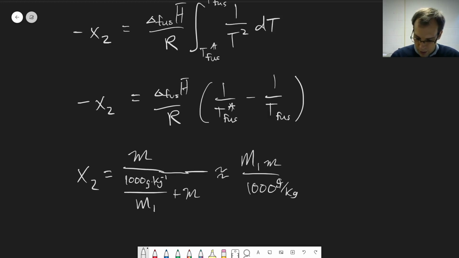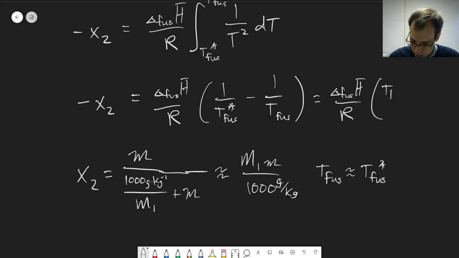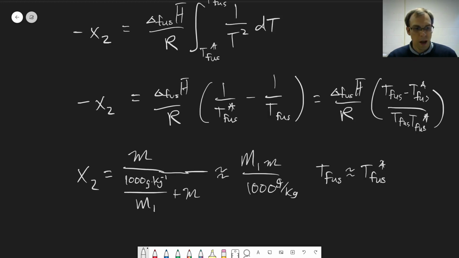And we can say that T fusion is not going to change a lot from the pure substance, because we can rewrite this fraction as T fusion minus T fusion star divided by T fusion times T fusion star. If we make these approximations, we can simplify all this.